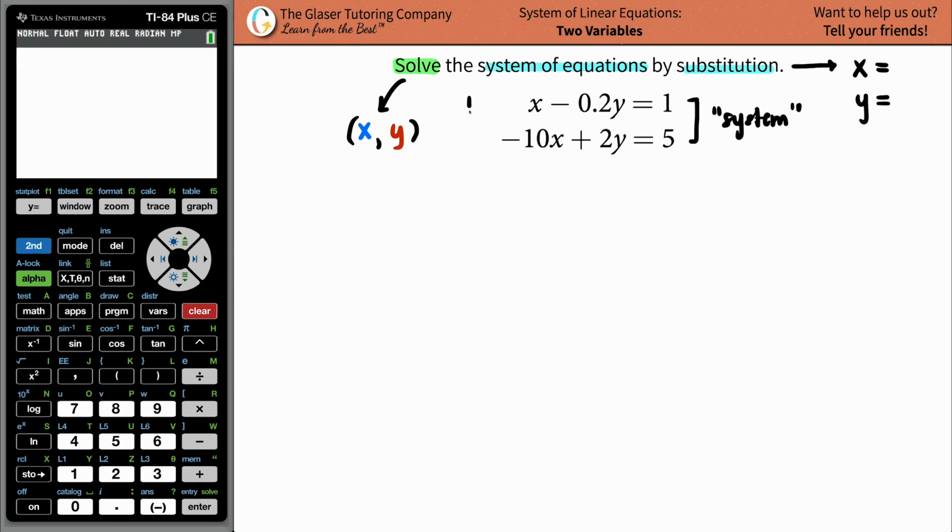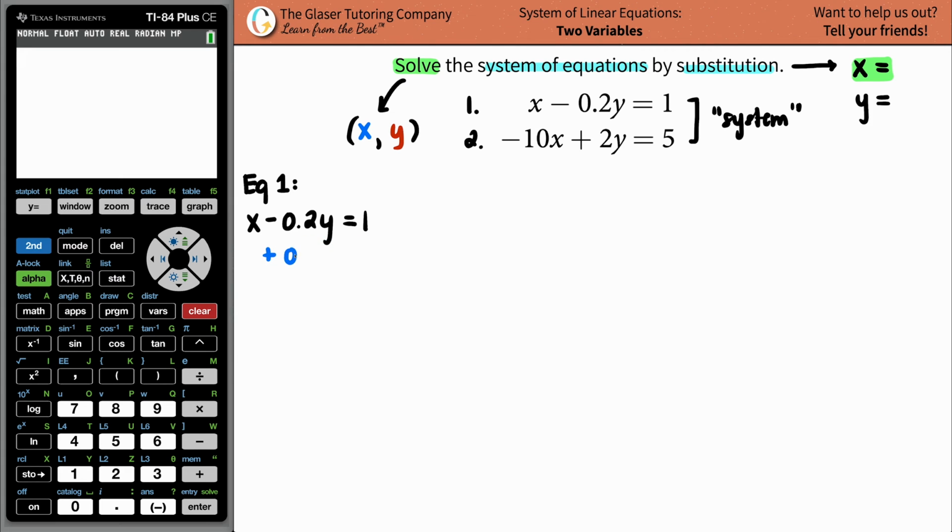So, if I'm going to label this as equation 1 and equation 2, I'm going to take equation 1 and just solve for x equals. So, we have x minus 0.2y equals 1. You want x equals, so you have to move the y's to the other side.